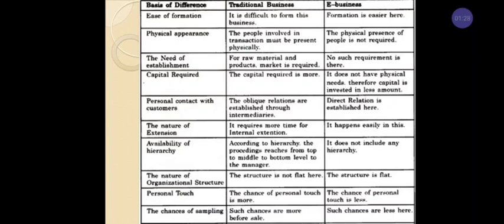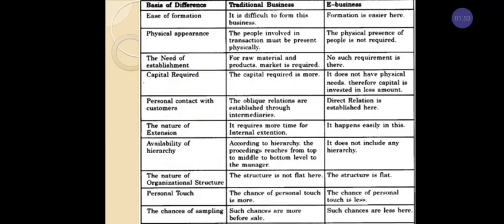There are not many rules and regulations, and the capital required is very less. In simple, on the basis of ease of formation, the difference is that traditional business is difficult to start and e-business is very simple. The second basis is physical appearance.